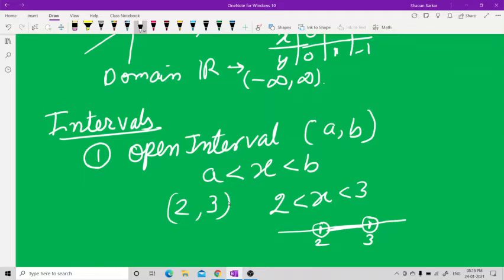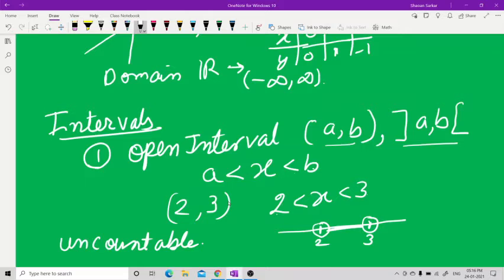There are two ways of writing an open interval, this way and this way. It means x will not take the value a or b, it will take values between the two. For example, it will take values between 2 and 3. It will not take 2, it will not take 3. It will take 2.00001 and go up to 2.999. I mean, very near to 3 but never 3, and never 2, only more than 2. That is what is meant by an open interval. An open interval is uncountable.